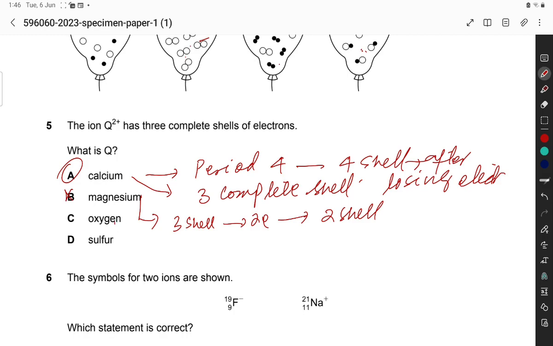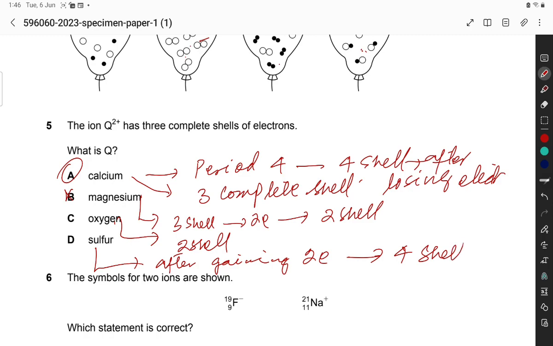Oxygen is present in period 2, so after gaining 2 electrons it has 2 shells. And sulfur, after gaining 2 electrons, has 4 shells. So A option is correct.